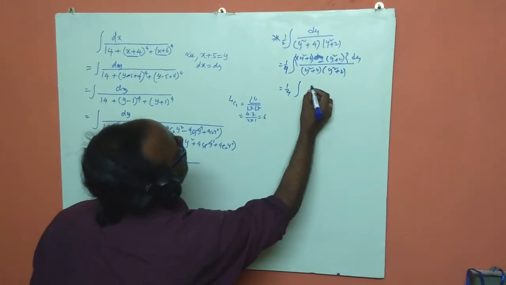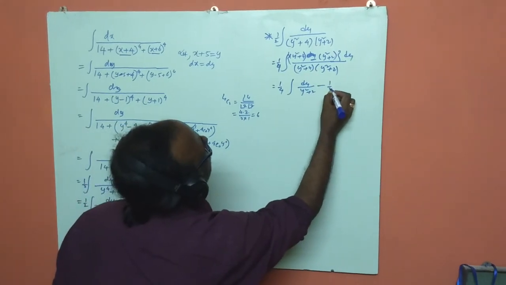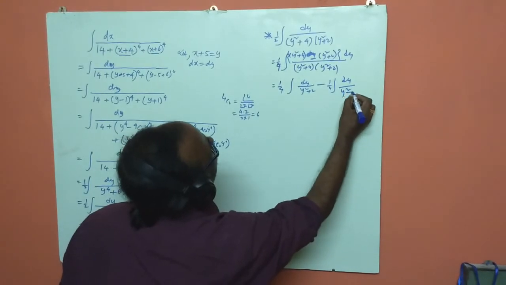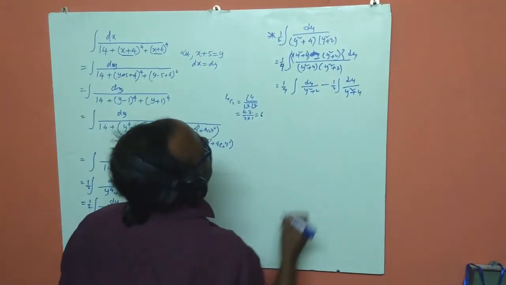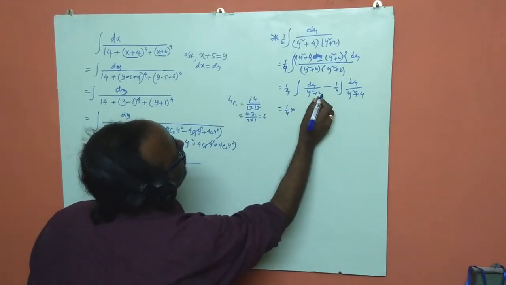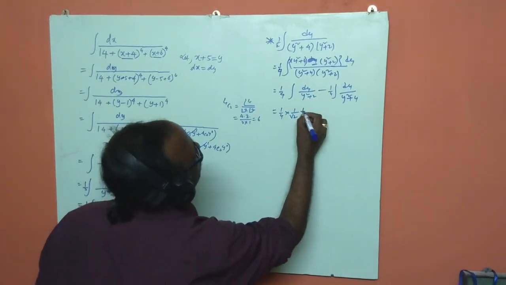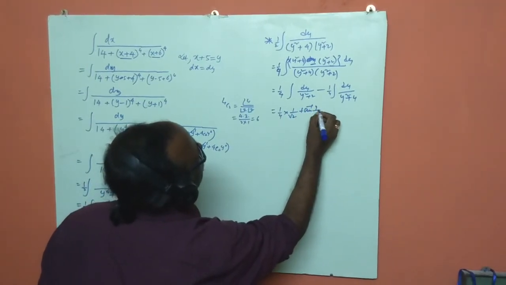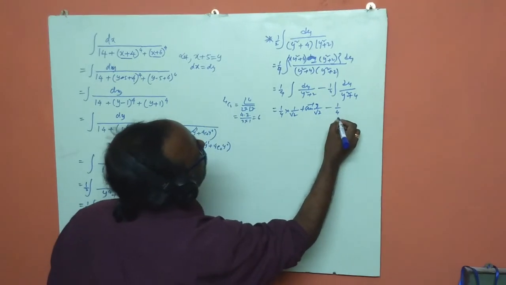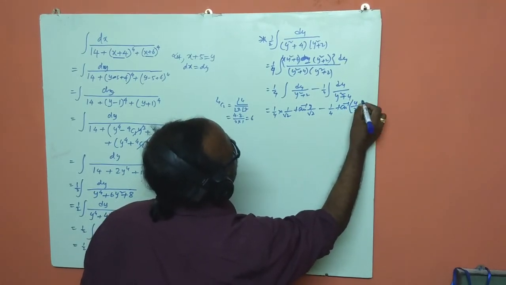this over this means dy by y square plus 2, and also 1 by 4 dy by y square plus 4, and that is equal to 1 by 4. This is root 2 whole square, that is 1 by root 2 into tan inverse y by root 2 minus 1 by 4 and tan inverse y over 2 plus c.